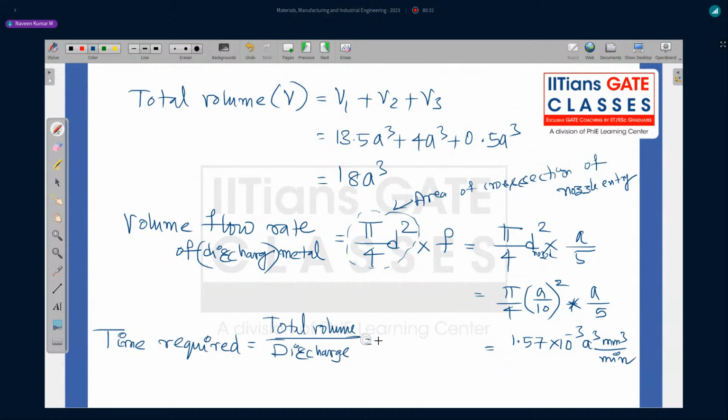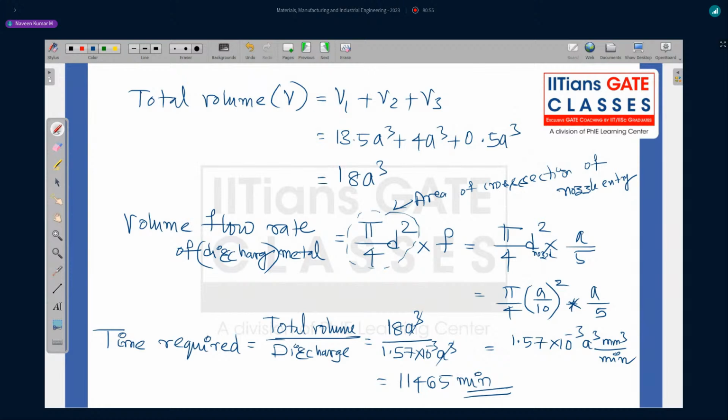What was the total volume? 18A cube divided by 1.57 into 10 to the power of minus 3 A cube. This gets cancelled. You get around 11465 minutes. This is the answer for this question.